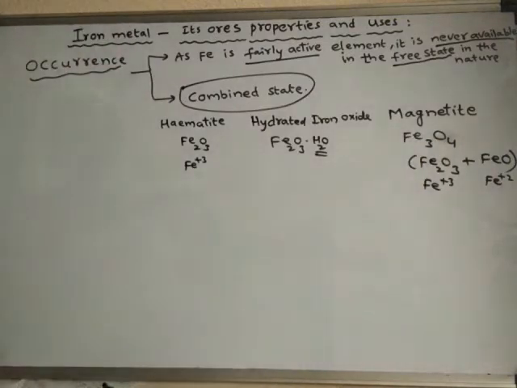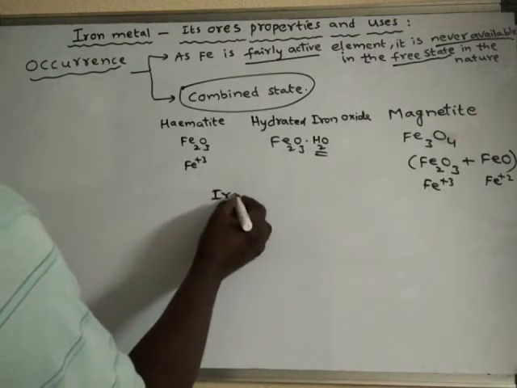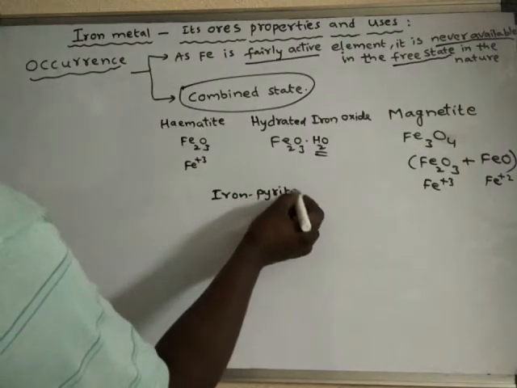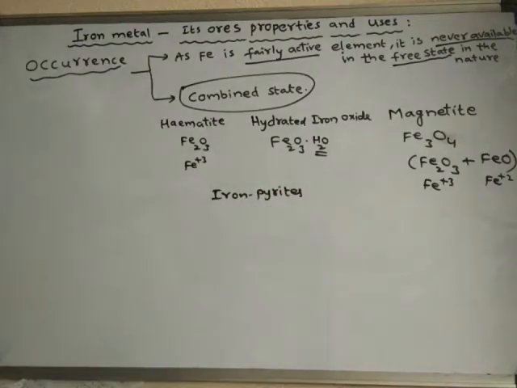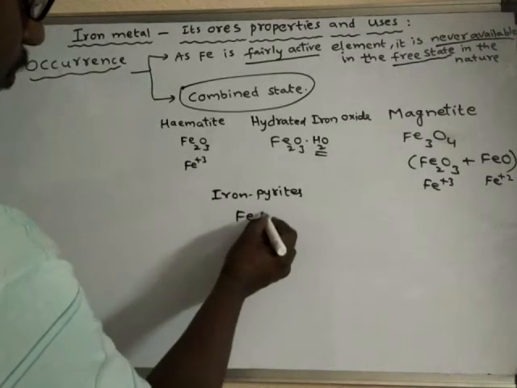The next important ore of iron is iron pyrites, which is iron disulfide.